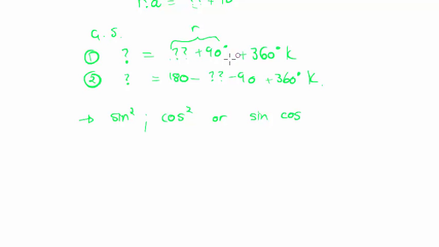Probably. So for example, you'll get something like sine squared theta minus 2 sine theta cos theta plus cos squared theta is equal to 0,5.